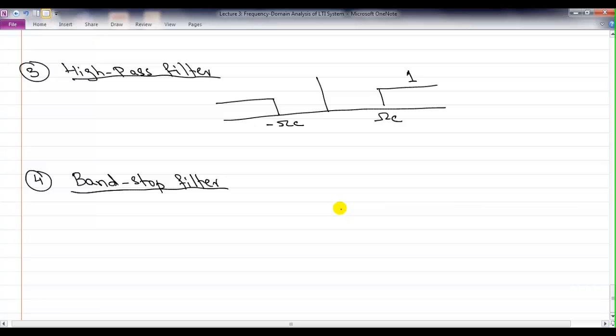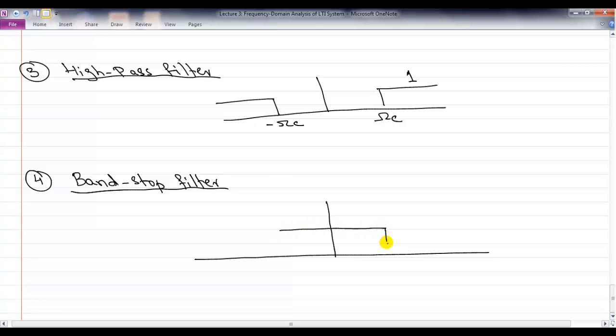Okay. So a band stop filter, its response looks like this. Again, just like the band pass, it has two parameters, omega c1 and omega c2, but the purpose of those two parameters is different because now it is saying between those two parameters you want to kill all the frequencies.